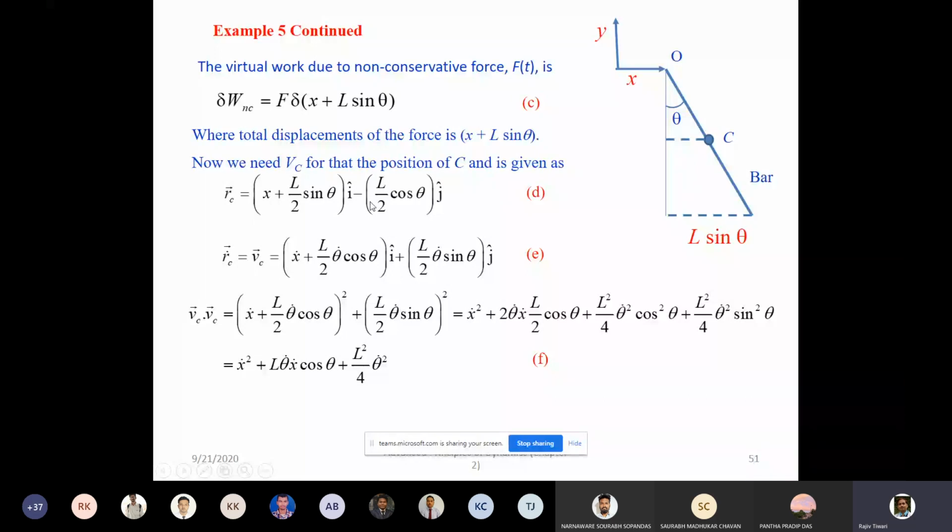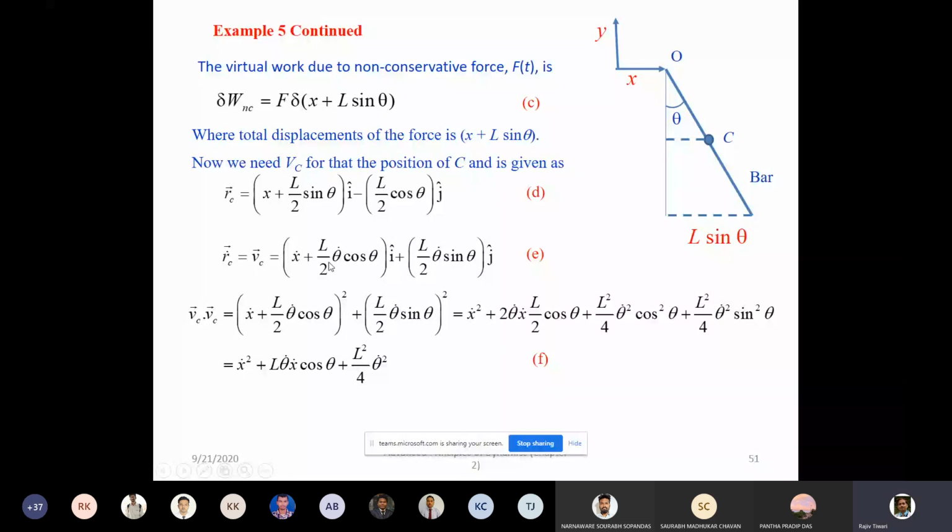Velocity we can get by differentiating this with time. So if we differentiate this with time, we get Vc. So simple differentiation. This will be L by 2 cos theta, theta dot. Then this will become minus L by 2 sine theta, theta dot. So this is simple differentiation with respect to time.